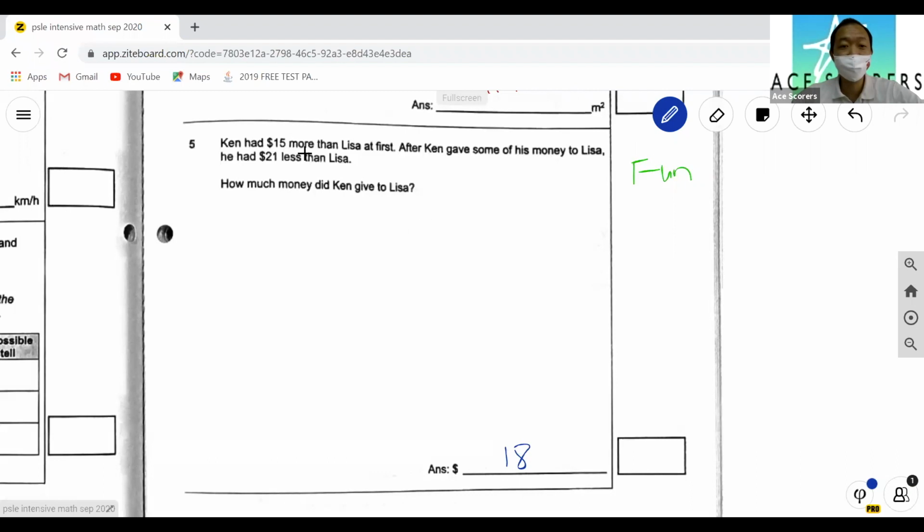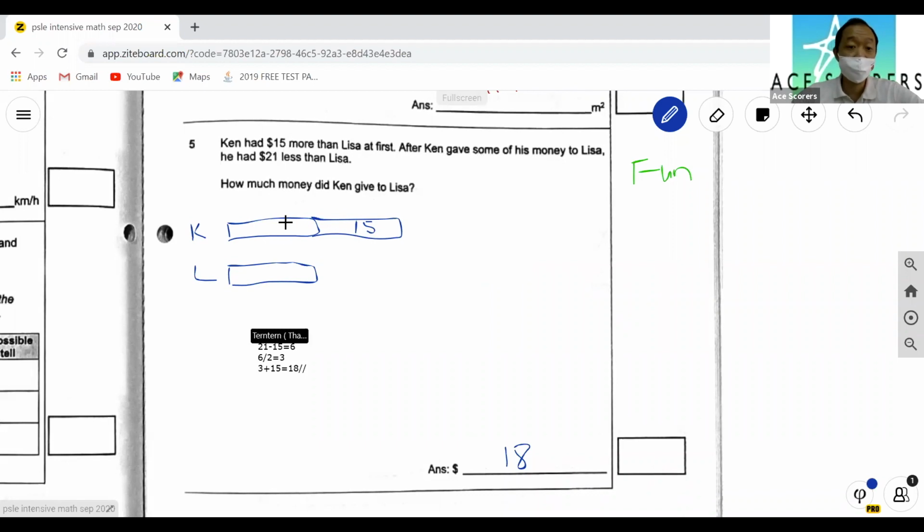2 minutes. Just take 21 minus 15, divided by 2, then plus 15. Why? After Ken gave some to Lisa, he had 21 less. You see, I still have to draw a diagram. Ken has 15 more than Lisa, 15 here. After Ken gave some to Lisa, he had 21 less.